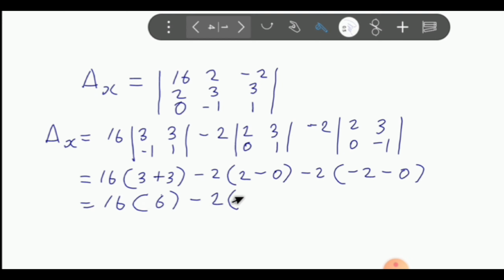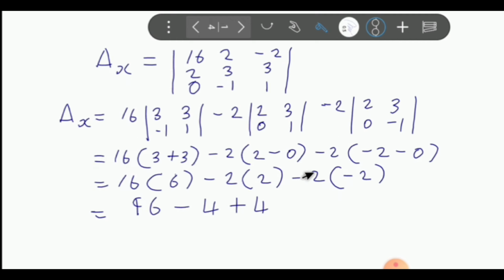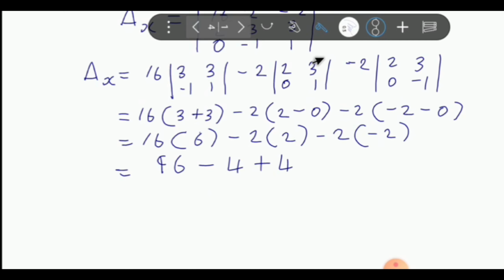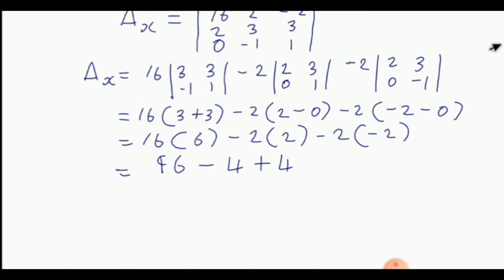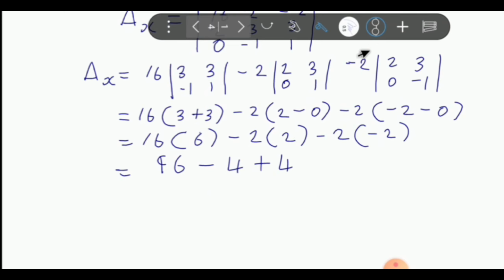Minus 2, open bracket 2. Minus 2, open bracket minus 2. So 16 times 6 will give us 96. Minus 4 plus 4. So our delta x is equal to 96.